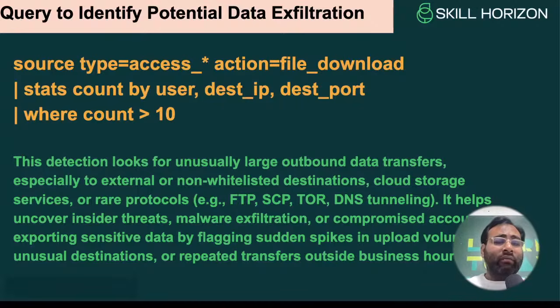So this query basically detects large outbound data transfers to any external or non-whitelisted destinations, cloud services, or rare protocols like SCP, or DNS tunneling or FTP. So basically, it helps the SOC analyst to detect insider threats, malware exfiltration, or compromised accounts.